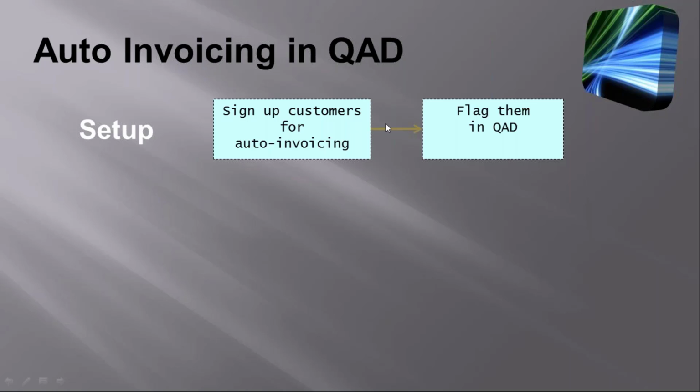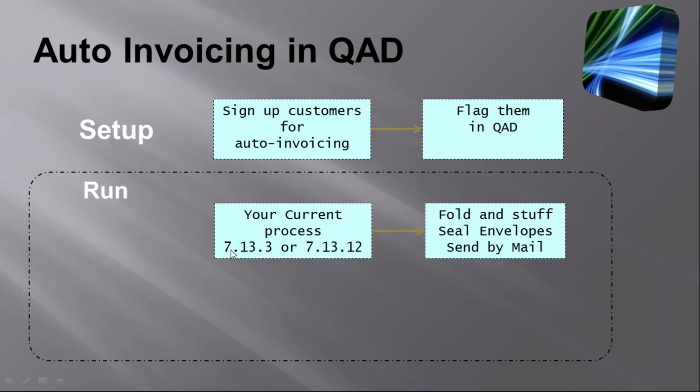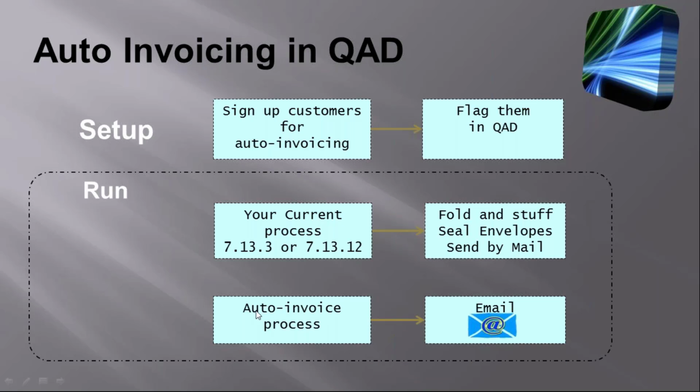So you flag those customers in QID, specifying the email address, one or many, who for that account will receive the electronic invoice. Typically you run 713.2 or invoice print or invoice reprint to produce your invoices. The auto invoice actually will produce emails with the attachments.